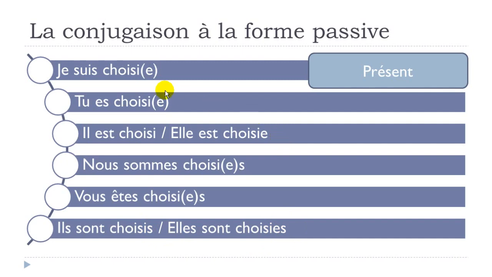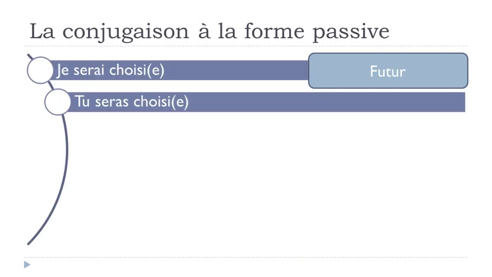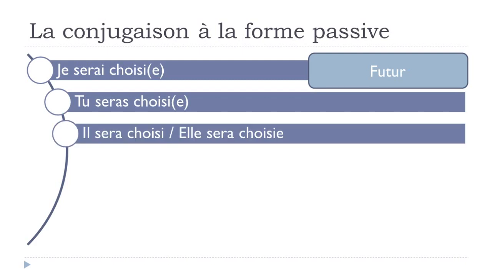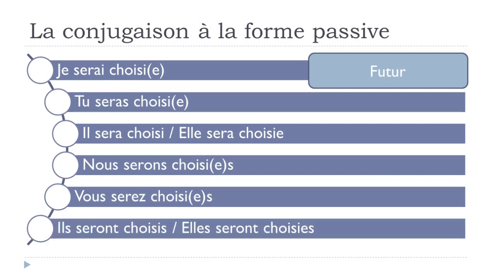So phonetically you will have the same form, choisi, okay? And it's quite easy to remember. Je serai choisi, tu seras choisi, il sera choisi, elle sera choisie, nous serons choisis, vous serez choisis, ils seront choisis, elles seront choisies.